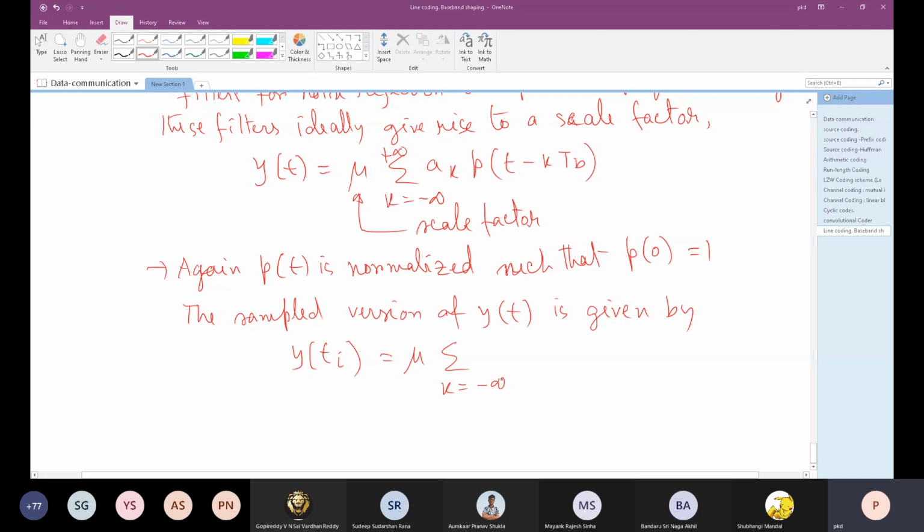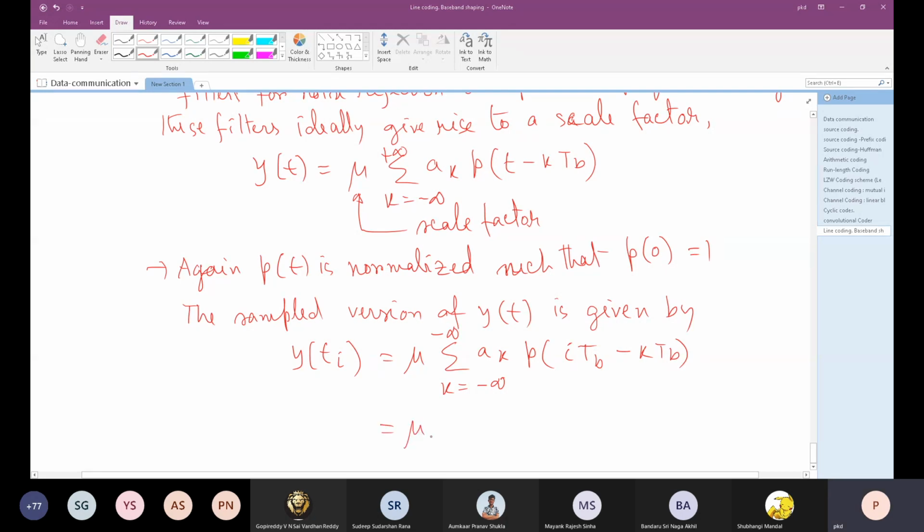Mu equal to summation over k from minus infinity to plus infinity of ak p(t). Here t would be replaced because it's a sample version and we are sampling at the bit rate. So therefore that will be i into TB minus kTB.